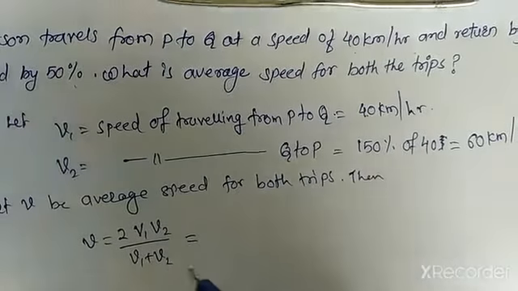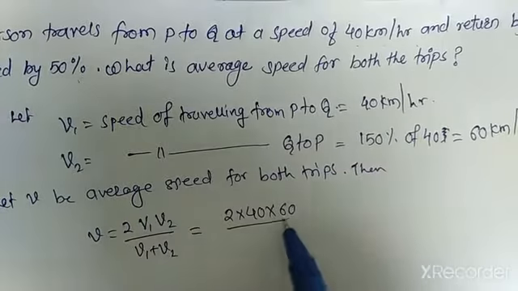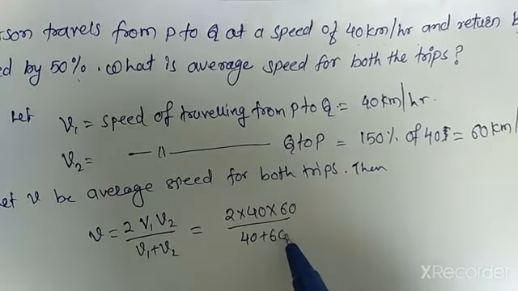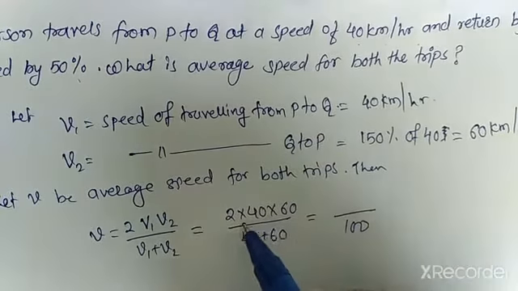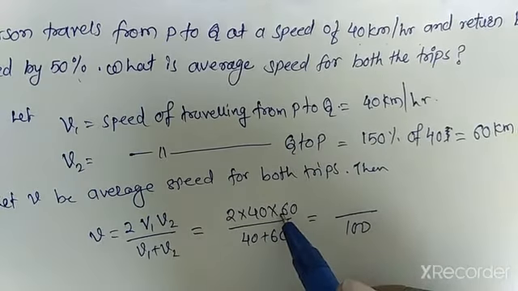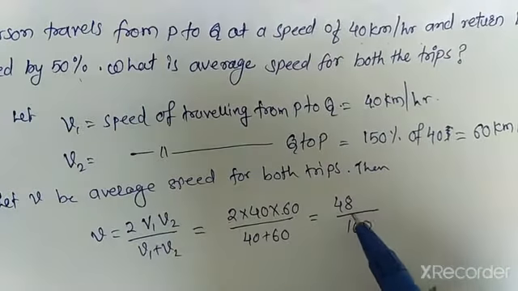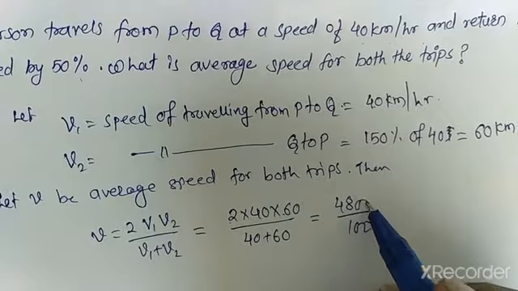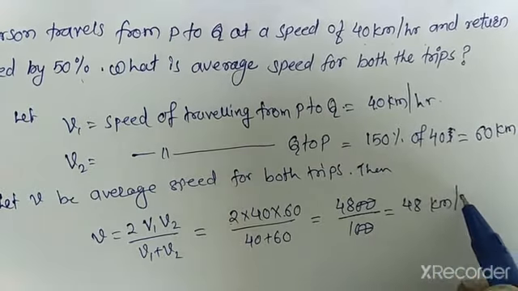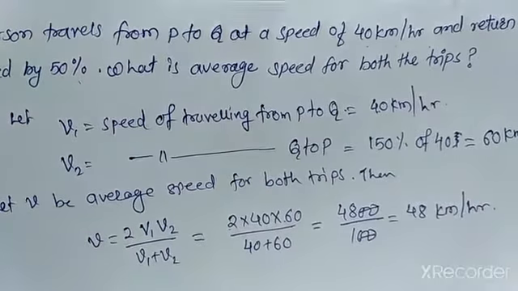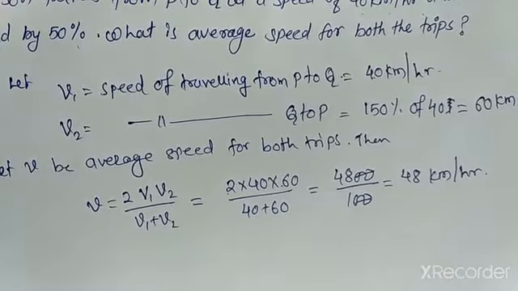Putting in the values, 2 into 40 into 60 divided by 40 plus 60, which is equal to 4800 upon 100. So it will be 48 km per hour. So the average speed will be 48 km per hour.